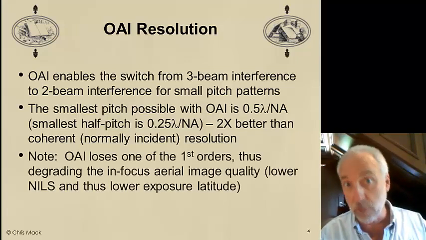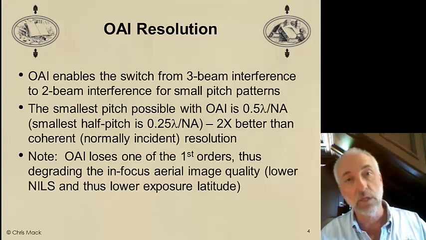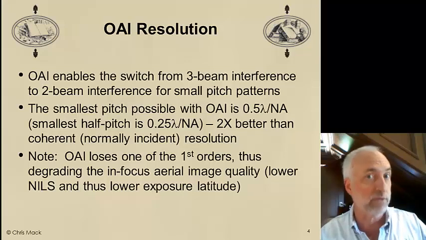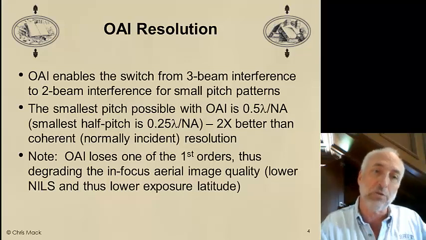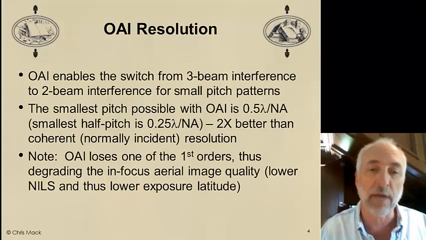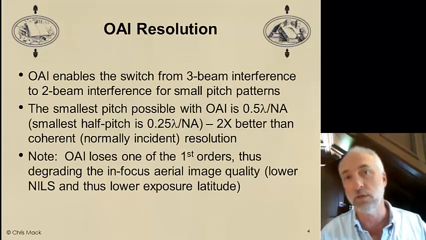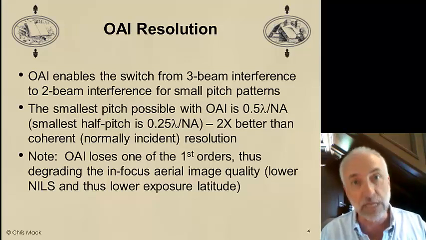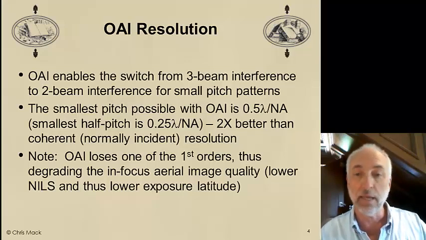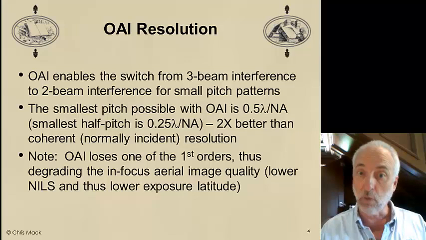But we also noted that when we use off-axis illumination, tilting the illumination, we always lose one of the first orders. That's the whole idea between 2-beam and 3-beam. We only have 2 diffracted orders going through the lens instead of 3. Because we've lost one of those diffracted orders, the quality of the image has gone down. There's less information about the image that's being projected into the wafer, and the result is a lower quality image.